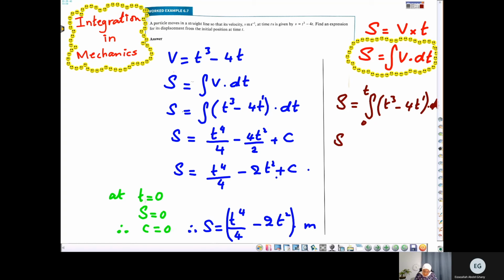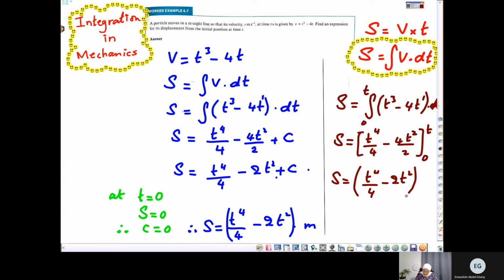So now S will be, we'll put the answer in box brackets, increase the power by 1 and divide by the new power. No c, and we write the limits of integration on the box brackets. So the answer will finally be the same, which is t to the power 4 over 4 minus 2t squared measured in meters.